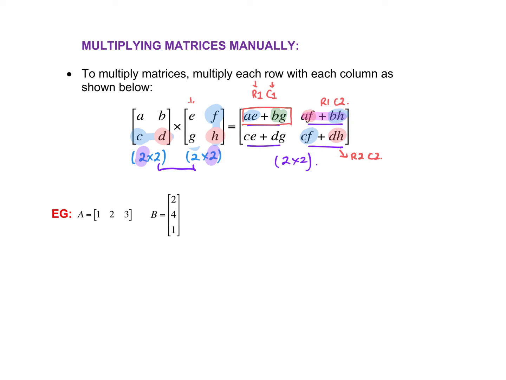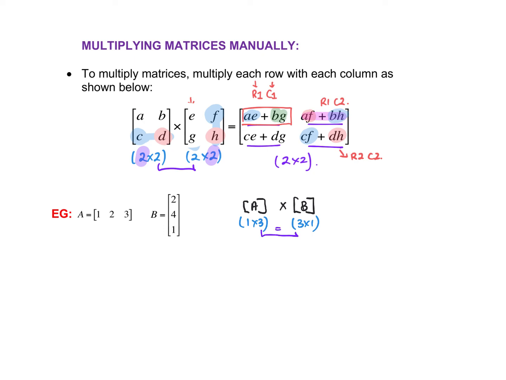So what I'm going to do here, I'm going to take matrix A and multiply it with matrix B. So if we first check to see that it's defined, I've got a 1 by 3 and a 3 by 1. What I say you should do is always check, yes, I can do it.